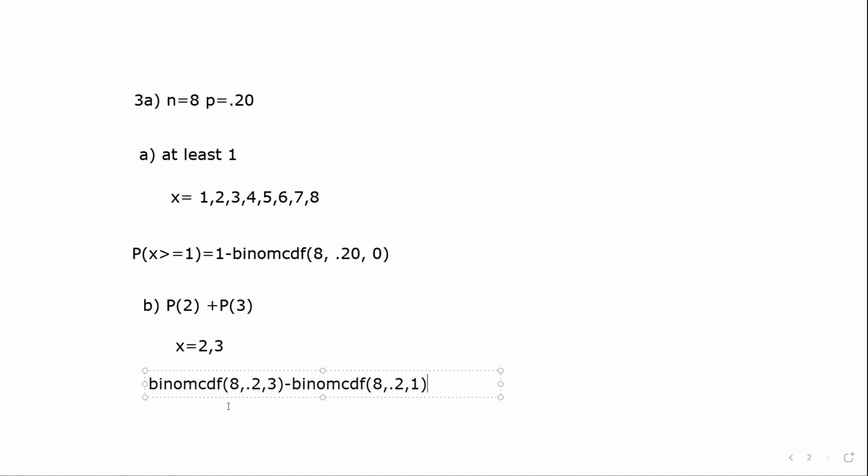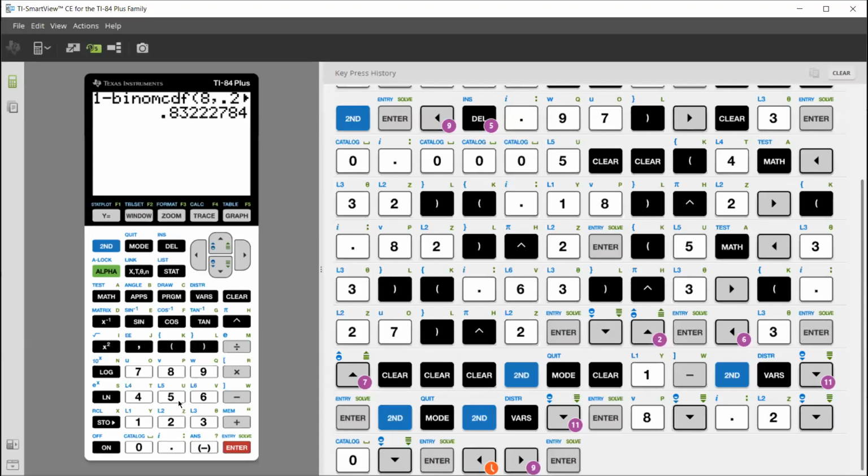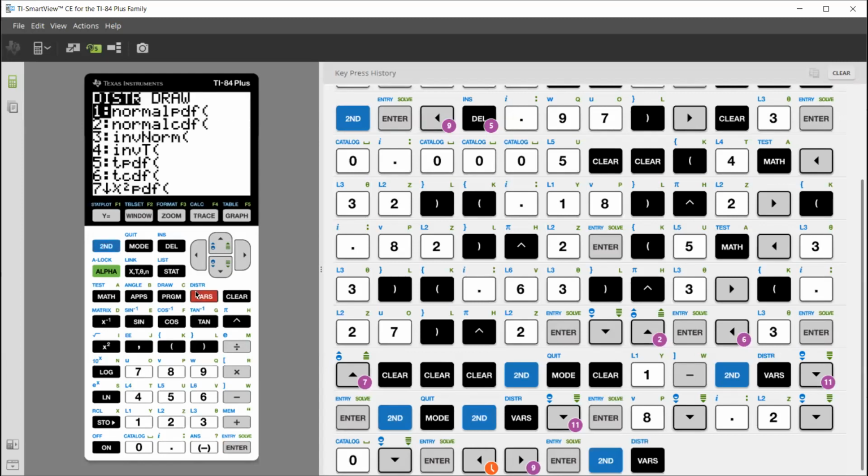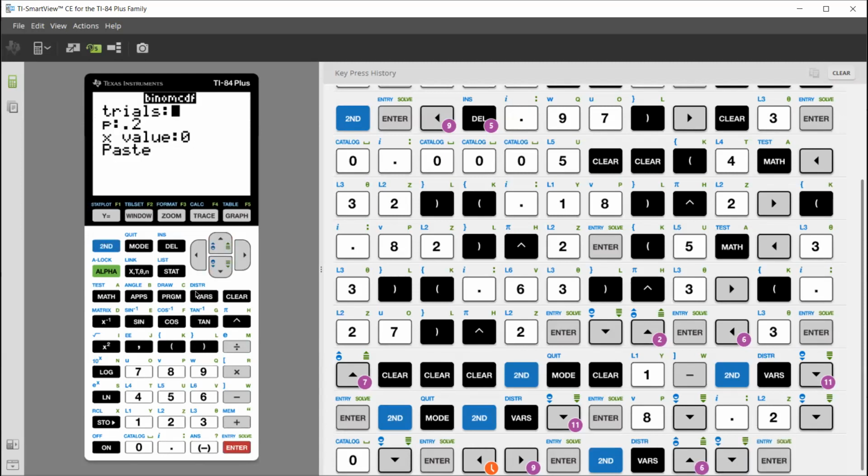So here, let me share the screen because I managed not to do that again. Let me go back to this. I have second distribution, our favorite binomial CDF, 8, 0.2.